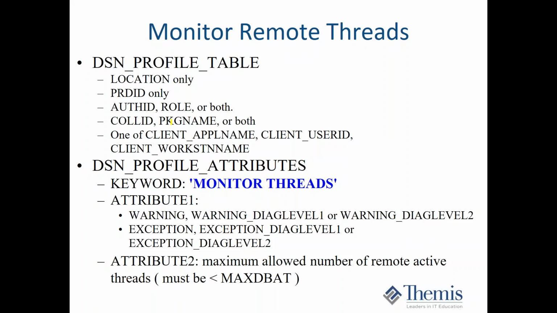And I'll put a value in attribute 2. I'm only going to allow a certain number of remote active threads sitting on the active chain before I either start kicking out warnings, messages to the console, or aborting them, kicking out an exception.